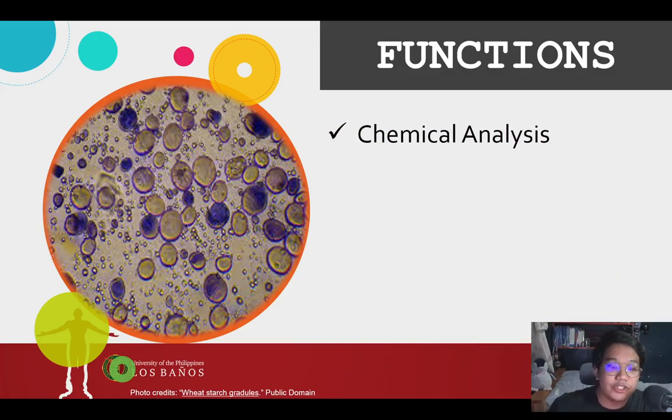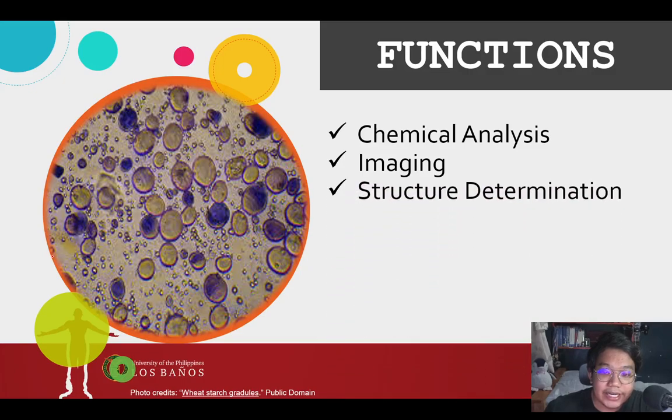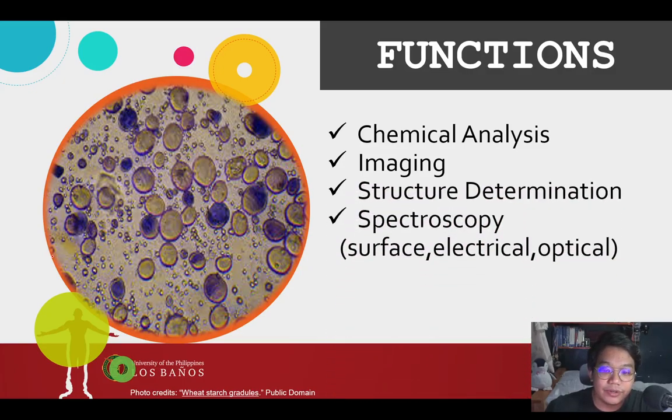So, what are the functions of chemical microscopy? So, pwede tayong magkaroon ng chemical analysis, imaging, structure determination, spectroscopy, in terms of surface, electrical and optical, and nanolithography.